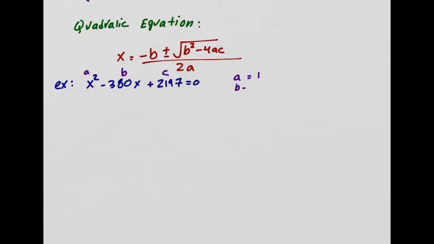My B would be negative 380, and my C would be 2,197. You guys are good so far?